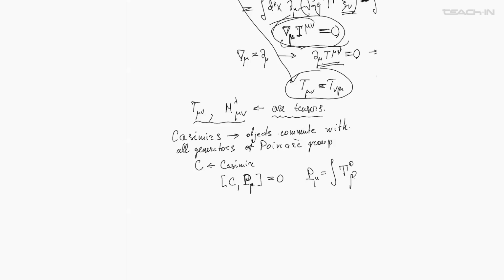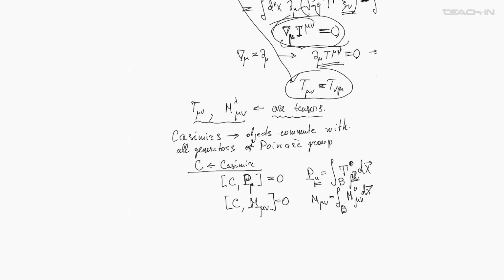And analogously, such a Casimir must commute with all generators of angular momentum. And generators of angular momentum are the conserved Noether charges obtained by integrating the zero component of the angular momentum tensor, again, with respect to space. And you can ask now yourself, what are the Casimir elements or Casimir operators for the case of the Poincaré group?